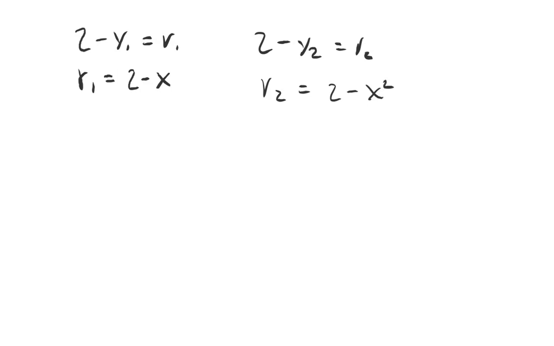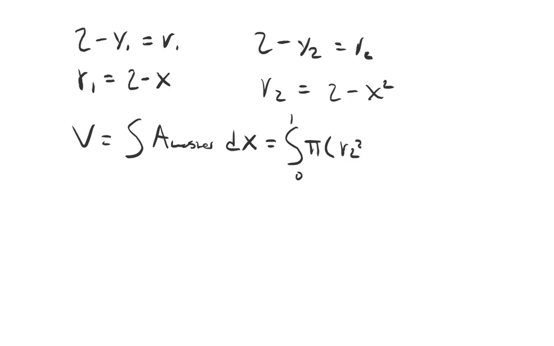So now if I want to figure out the volume here, I'm again just going to integrate the area of that washer, dx still. The area of this washer from 0 to 1 is going to be pi times the larger radius squared. So this is going to be R2 squared, R2 is the larger radius, minus R1 squared, dx.